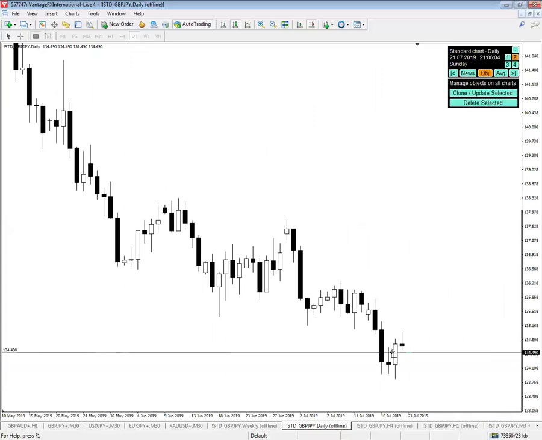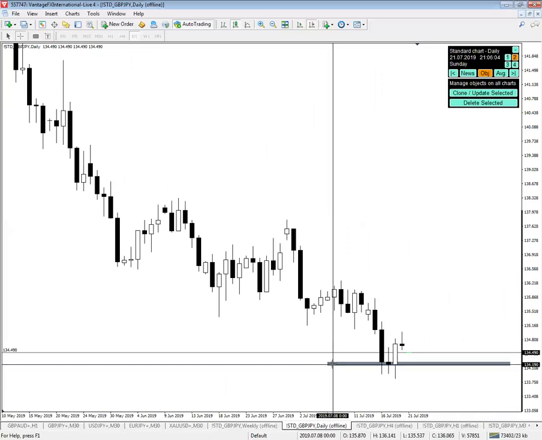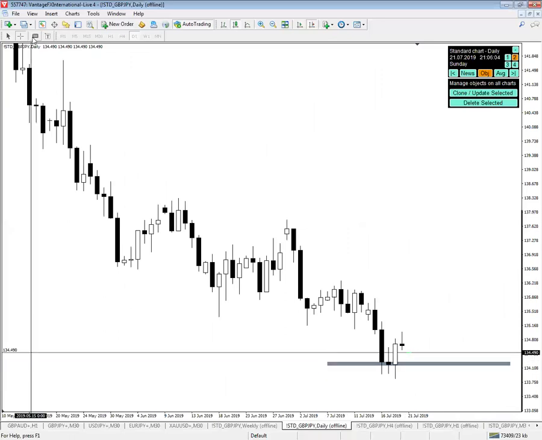So daily has created a support, right? So daily's created a support at around 134.190, and at the same time, I think this was the previous support that we had on the weekly time frame that we broke out of.